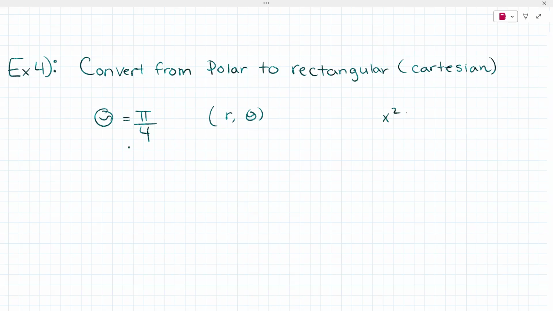Our formulas are x squared plus y squared equals r squared. y equals r sine theta. x equals r cosine theta. And then tan theta is y over x.